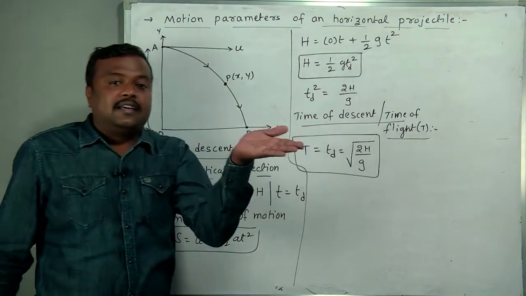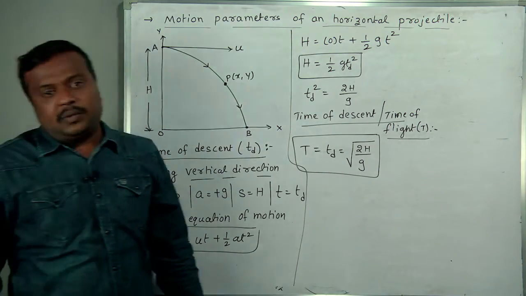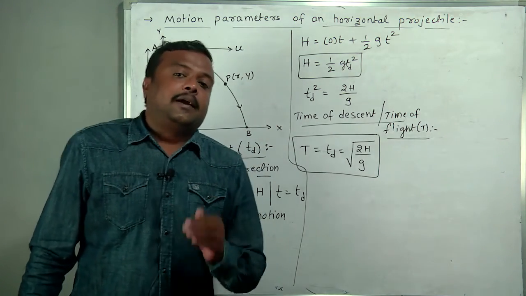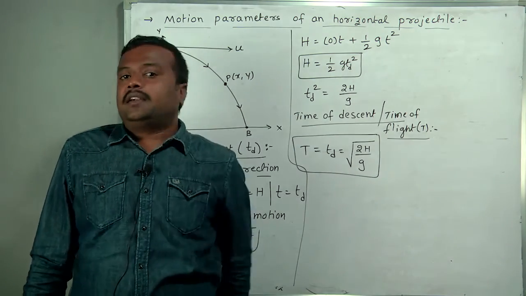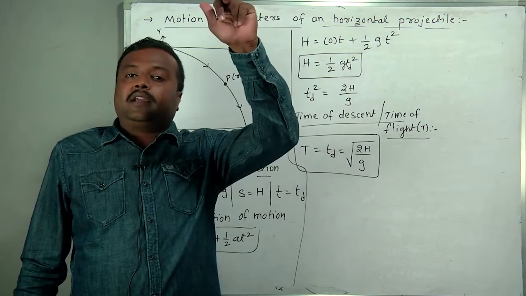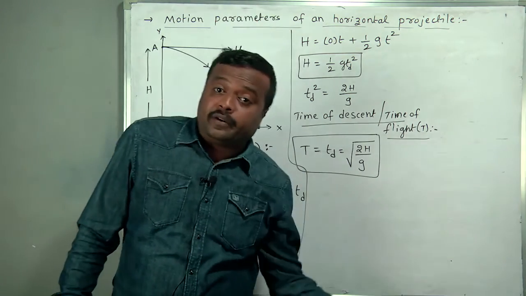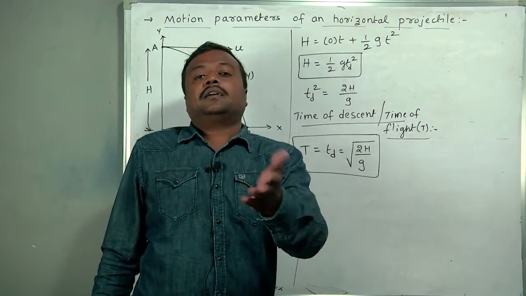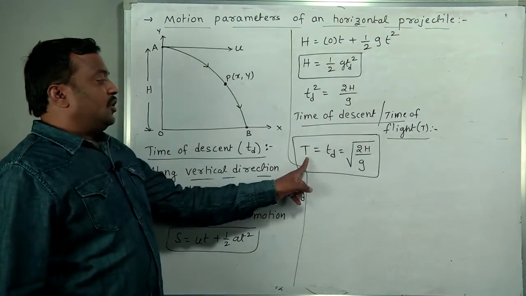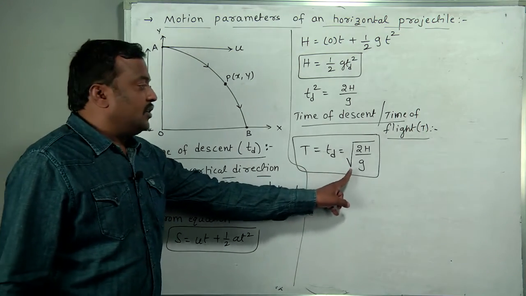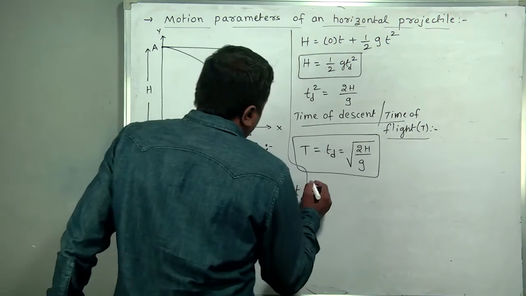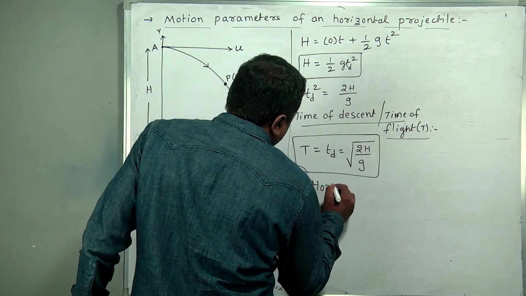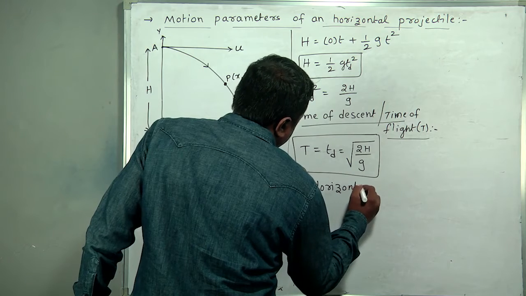Time of ascent is not there here. The time taken by the projectile to reach the highest point is called time of ascent. The time taken to reach the ground from the highest point is called time of descent. So time of descent is equal to square root of 2h by g. Got it?